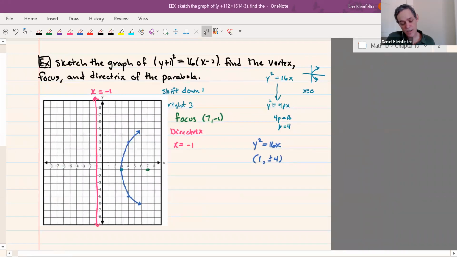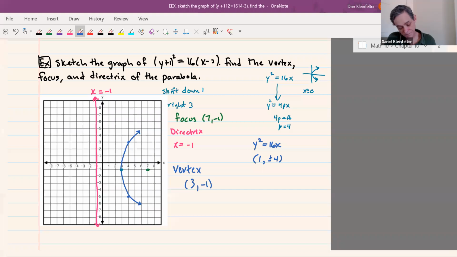Let me make sure I've done everything. We sketched the graph. We found the vertex. Can I write that here someplace? The vertex is at (3, -1). Vertex, focus, directrix. Okay, so we got it.